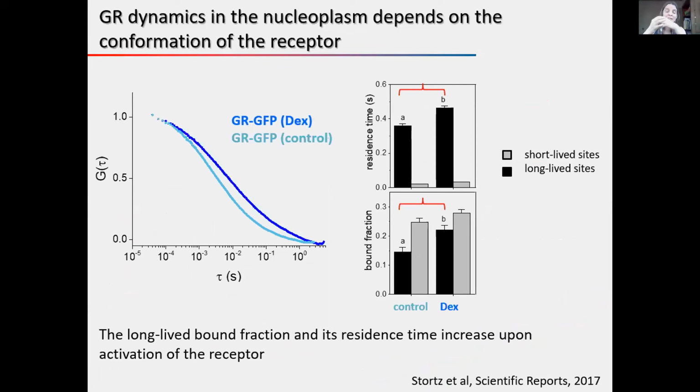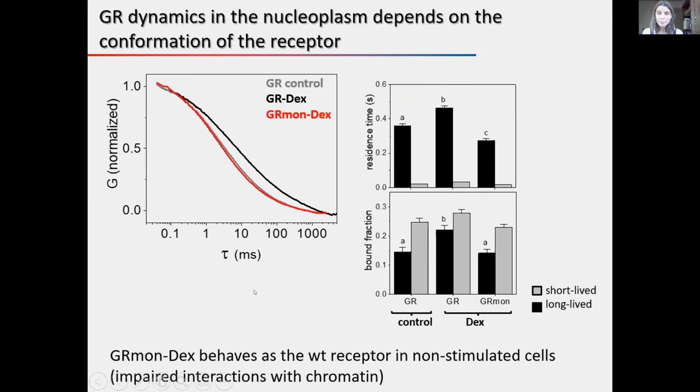So we can obtain information regarding binding by analyzing the ACF data. Well, what happened with the monomeric version of the receptor? Here is the curve in red, and you can see that the behavior is very similar to the behavior of the receptor in control conditions, saying that the monomeric version of the receptor is not attaching to chromatin like the wild-type receptor.